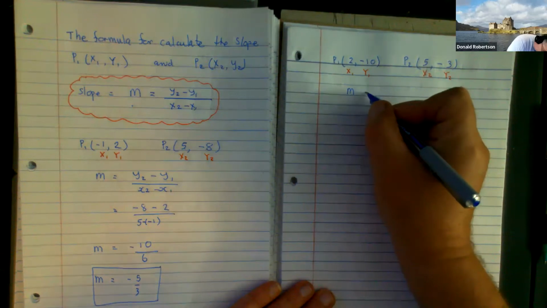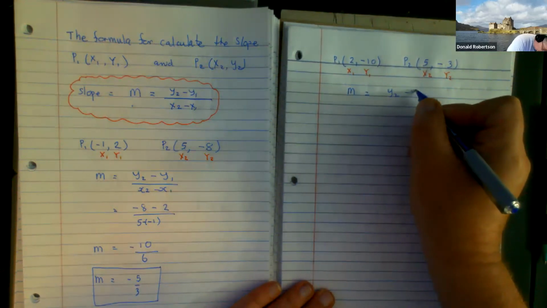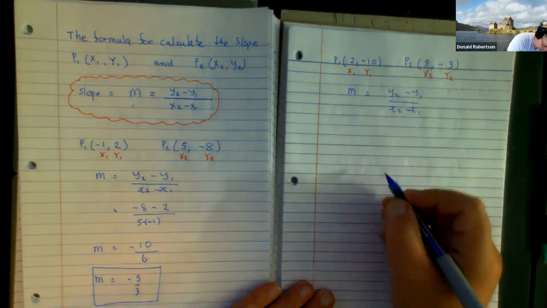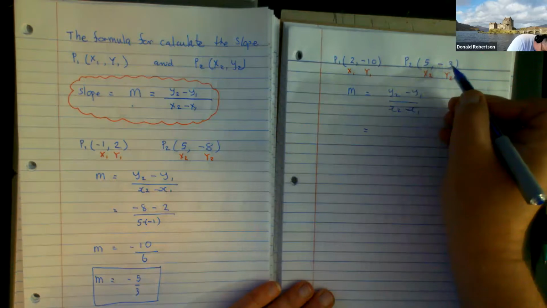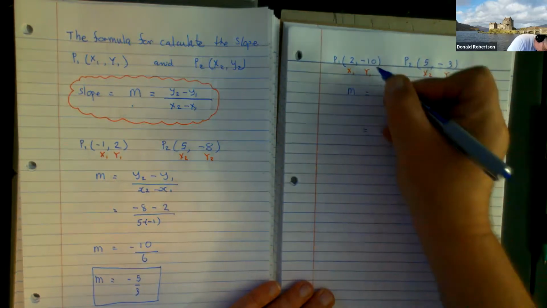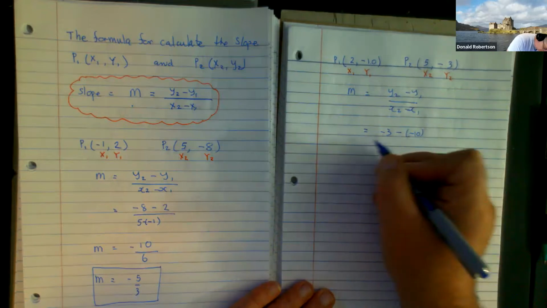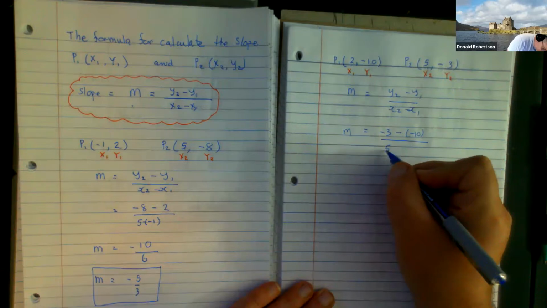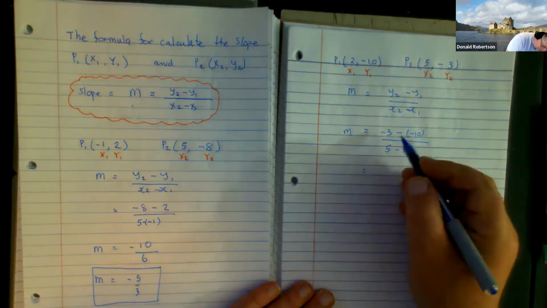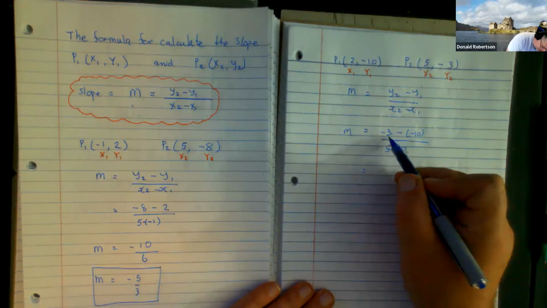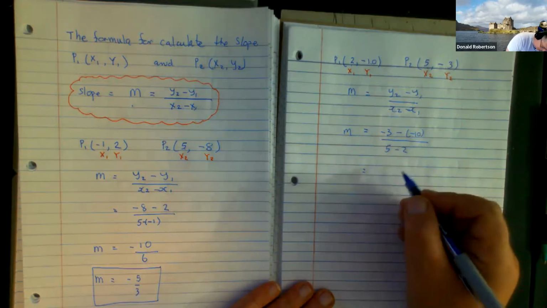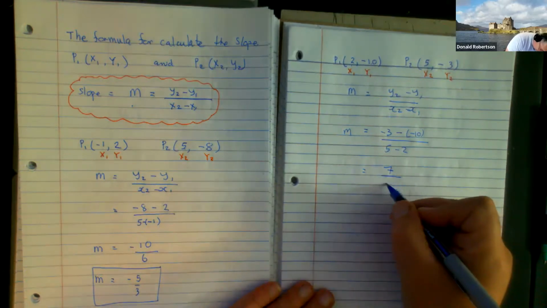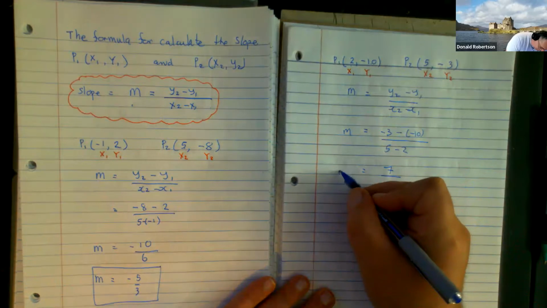So it's going to be y2 take away y1 all over x2 take away x1. And that's going to be -3 subtract -10, and on the bottom, it's going to be 5 take away 2. Now, -3 subtract -10 is actually -3 add 10, which gets you 7. And 5 take away 2 is 3. And so the answer is 7/3.